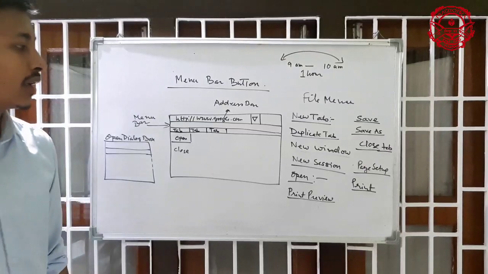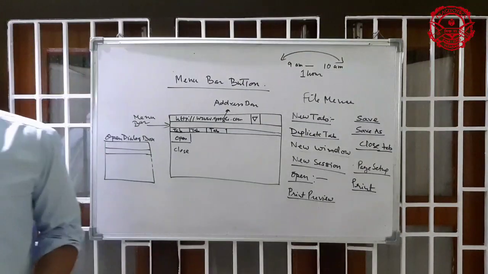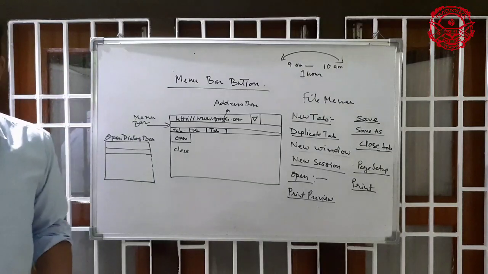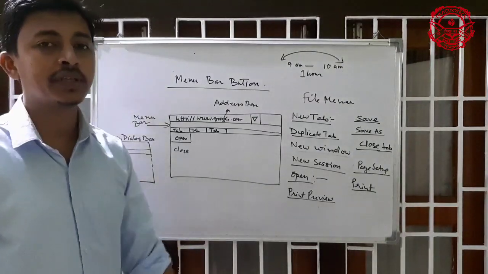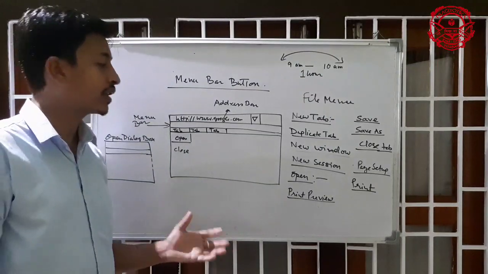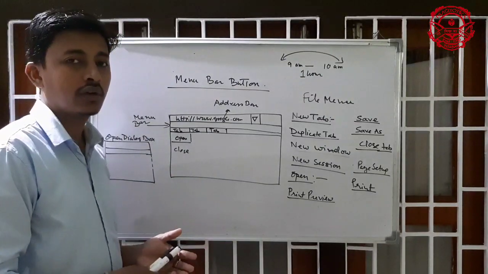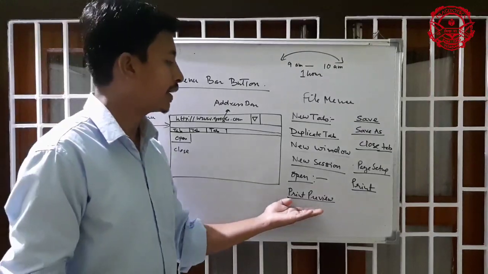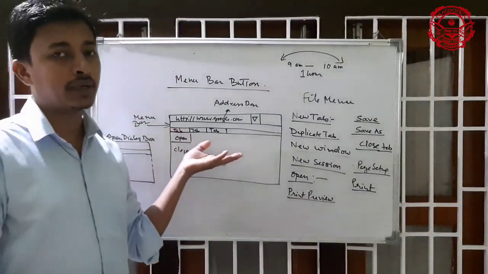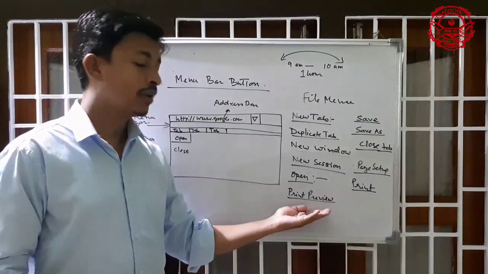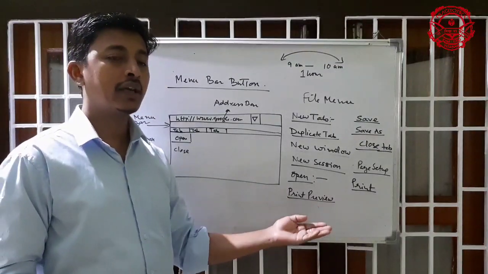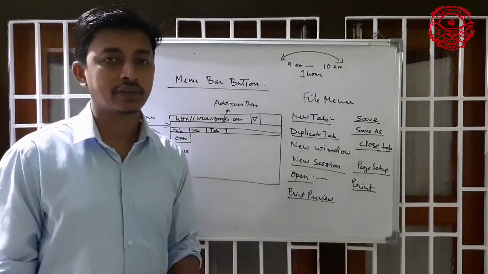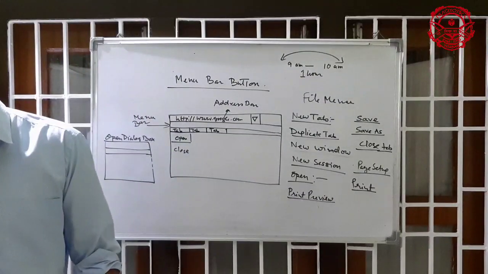It allows you to see the page before you print it, to see how it will look when it is printed. The print preview option is available in the Internet Explorer menu bar. When you click on print preview, it will display how the page will look when it is printed. So the print preview option is very important.